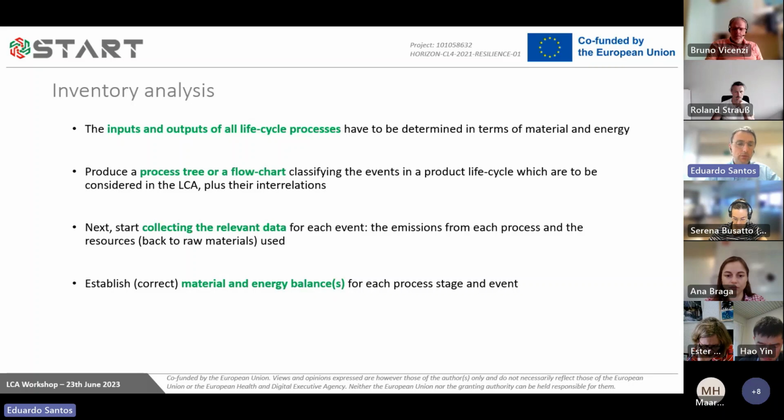We have to collect all of the relevant data, of course, and we should do the material and energy balances, to be sure that everything closes, so that there is no input coming in without an output, or an output going out without a corresponding input. So that everything checks out in terms of the science.